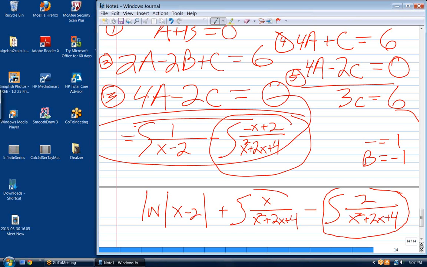As far as this one goes, I'm not sure how to integrate that.